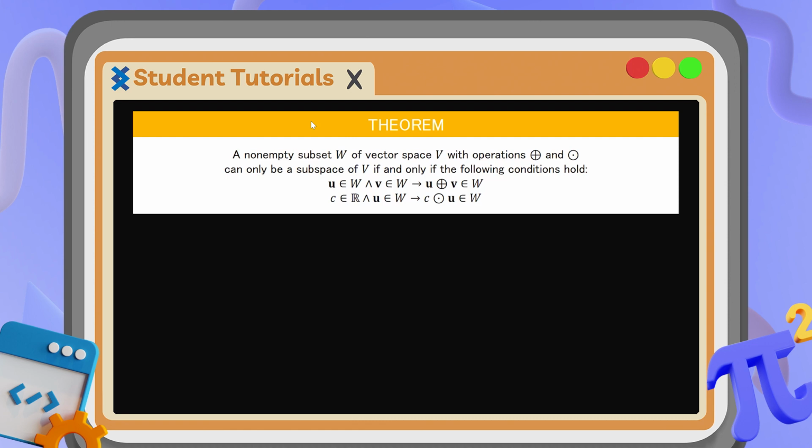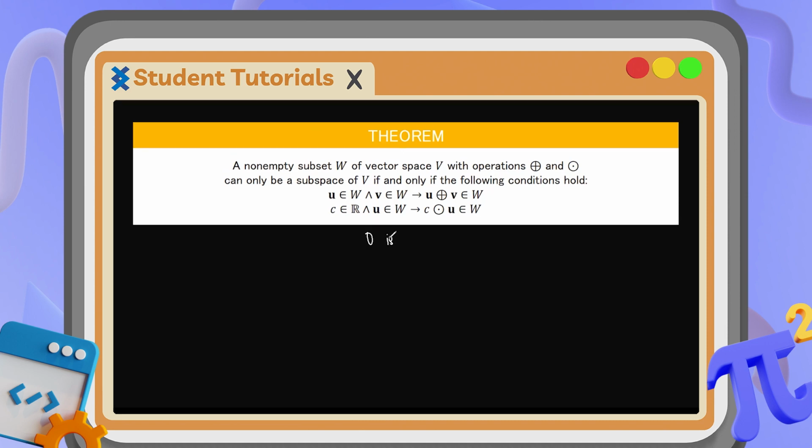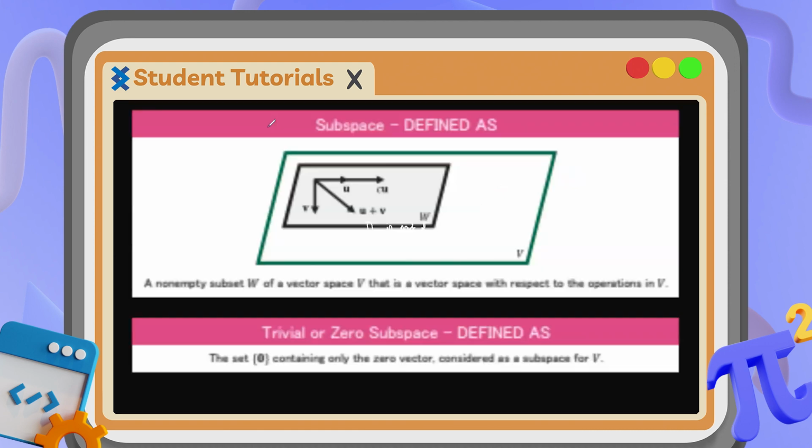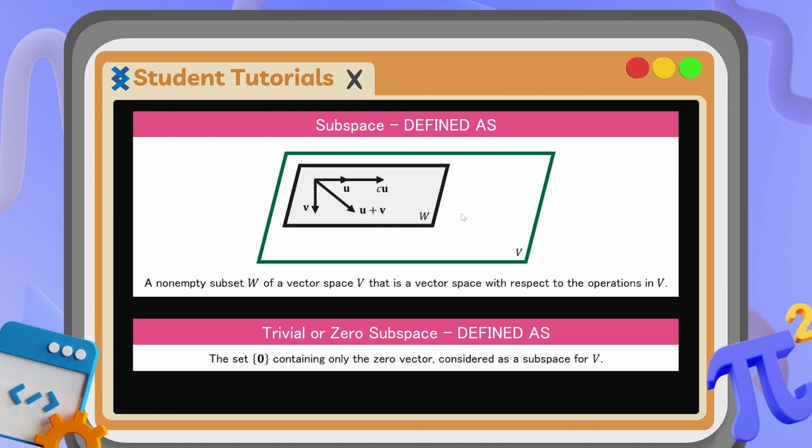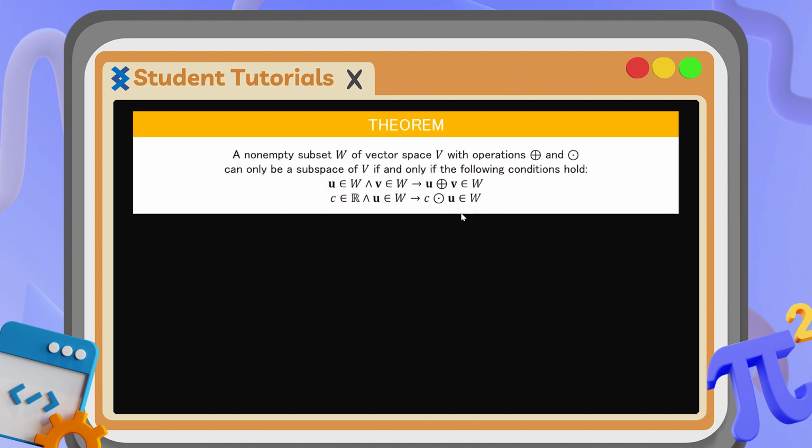In this theorem, you should also consider that 0 is part of the subspace, because, as you saw a while ago, the zero vector is considered a subspace with that only element in the set.